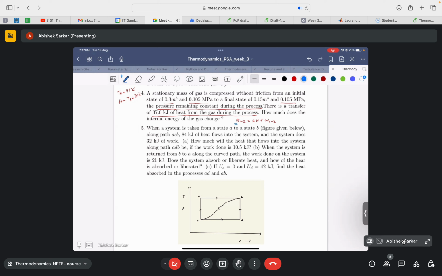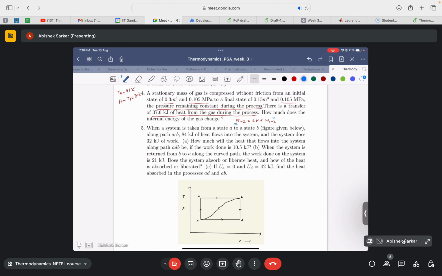You need to find the net work done. The initial and final states of the system are given, so you can use the appropriate PV relationship to find the net PdV work, and then once you find W12, you subtract the work done from the net heat interaction to get the value of delta U.